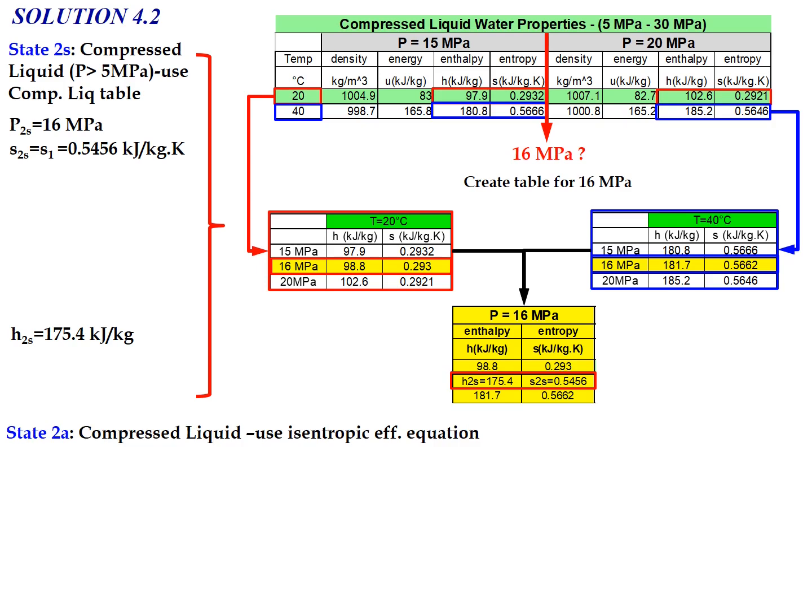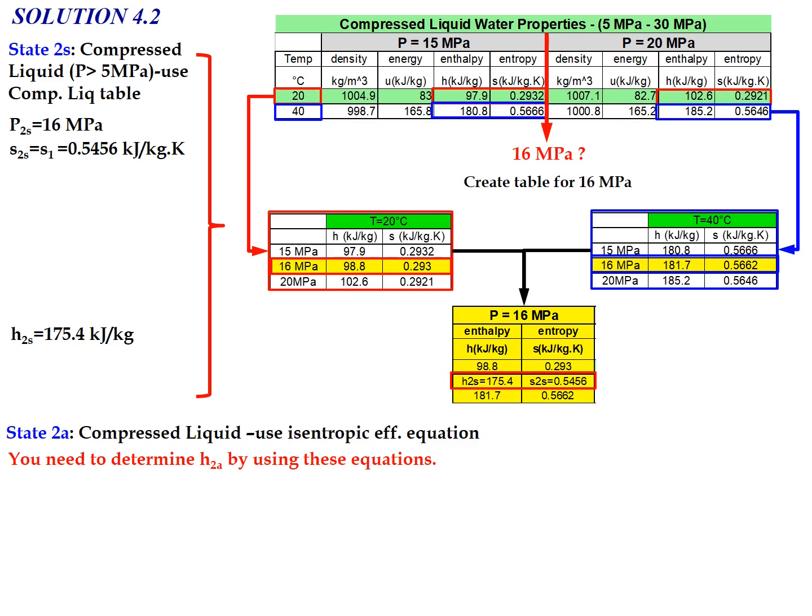Okay, so next for state 2A, because we don't have enough information for state 2A, we know that state 2A is in compressed liquid. But in order to determine the enthalpy for state number 2A, which is referred to as H2A, we can use the isentropic efficiency equation for the pump.